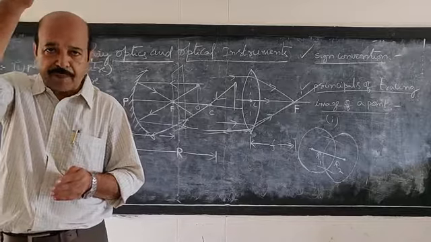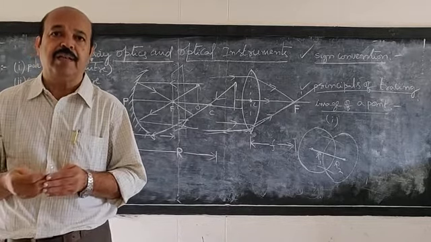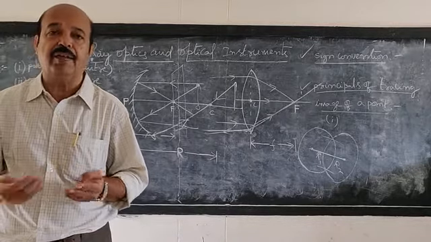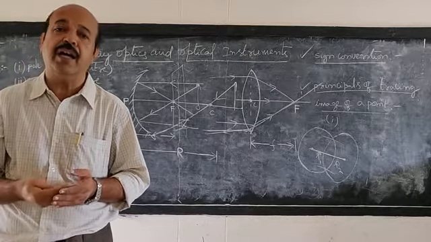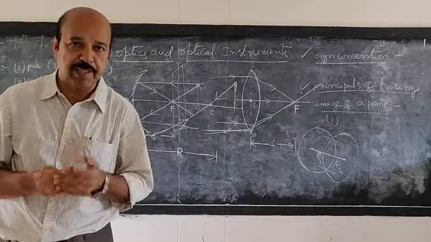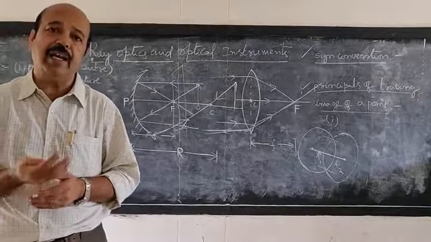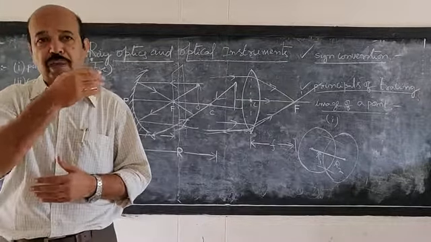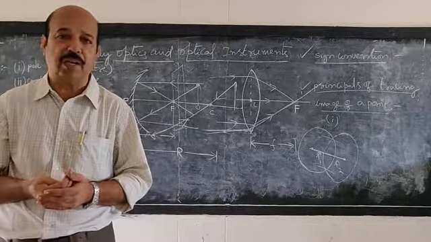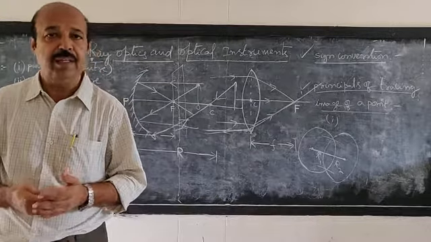So the locus of all such images of the points will give the final image of the object. Using these principles, we are going to locate and trace the image of an object, and we are going to derive some formulas regarding mirrors and lenses.